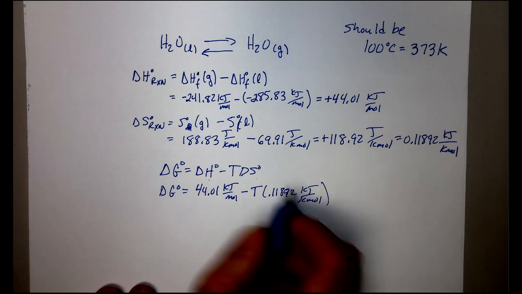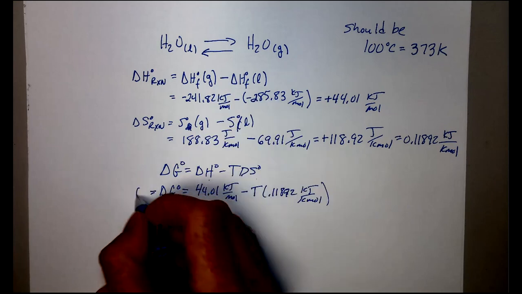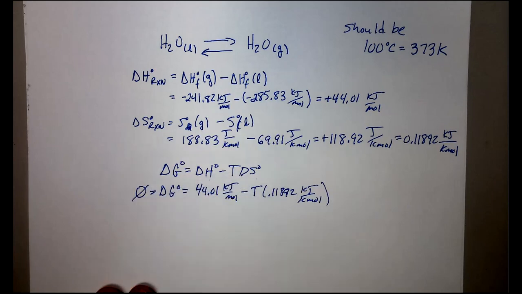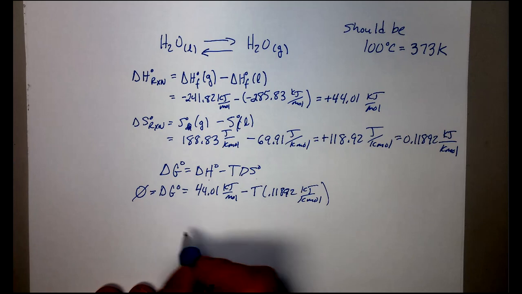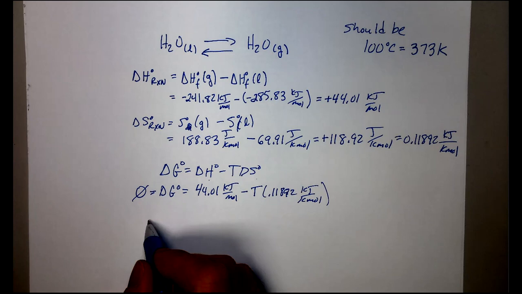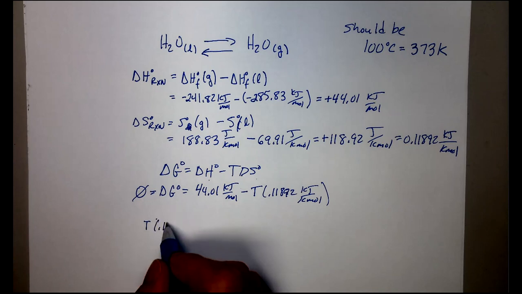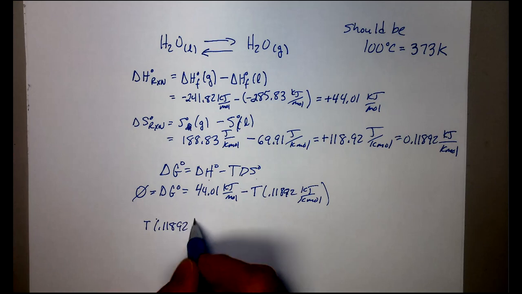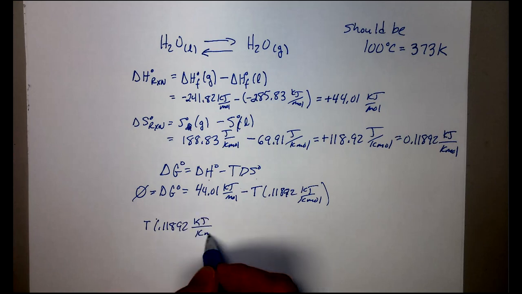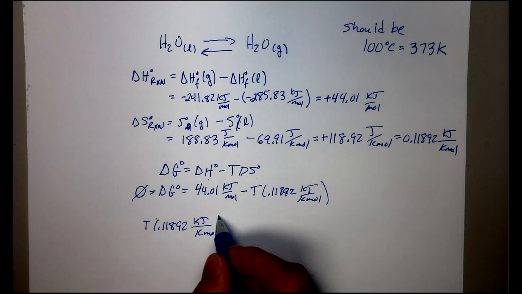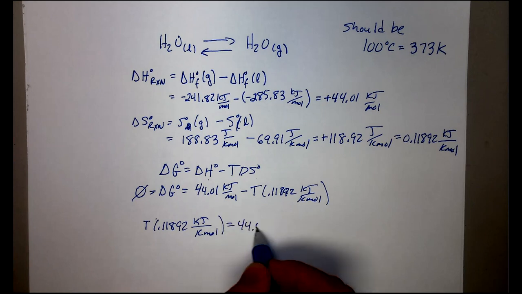But what we know is since we're at equilibrium, delta G is equal to 0. And so then we're going to do a little algebra and say T times 0.11892 kilojoules per Kelvin mole equals 44.01 kilojoules per mole.